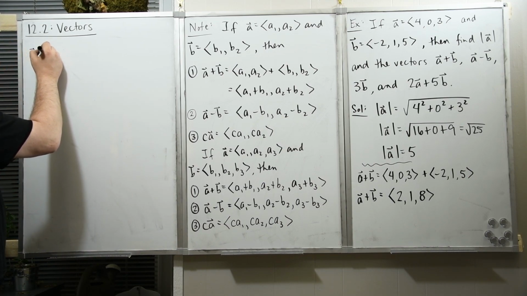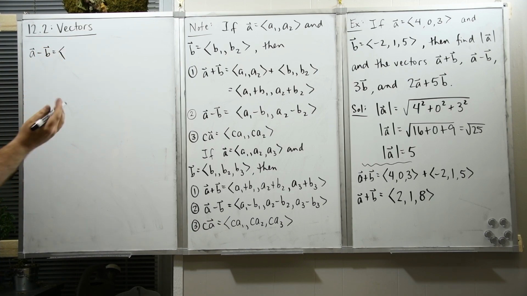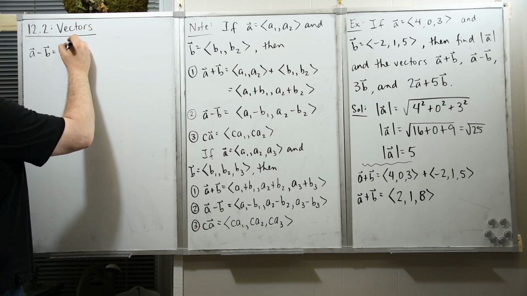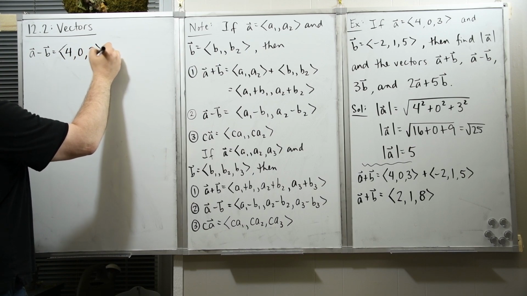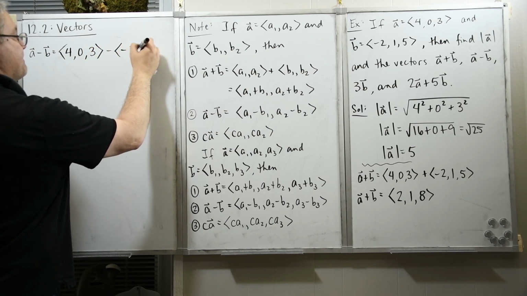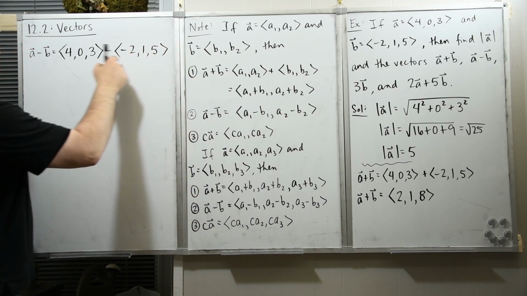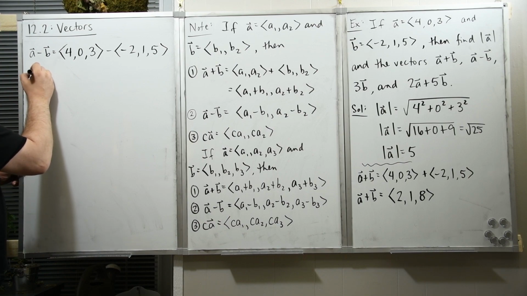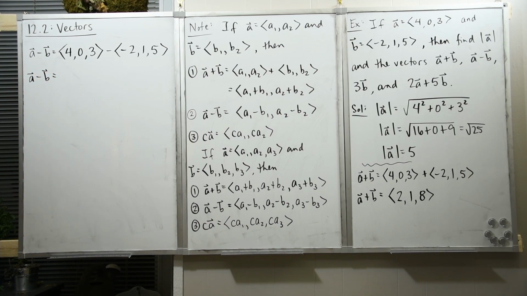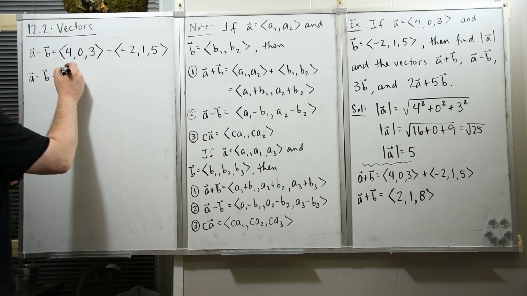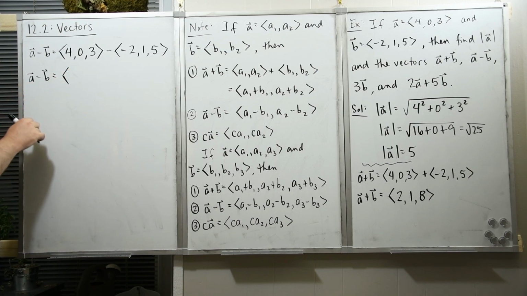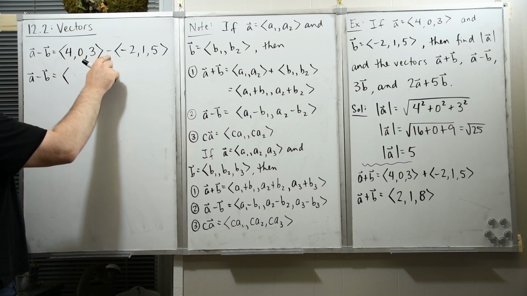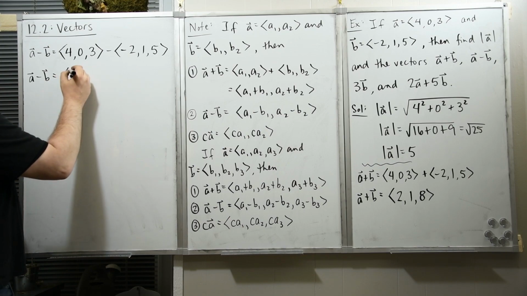So next on the list is A minus B. And just like before, I'll go ahead and write this out in component form. It's just this time we're subtracting B from A. But really this is about the same level of difficulty because the first component of A minus B is obtained by taking 4 minus a negative 2, which is 4 plus 2, gives you 6.